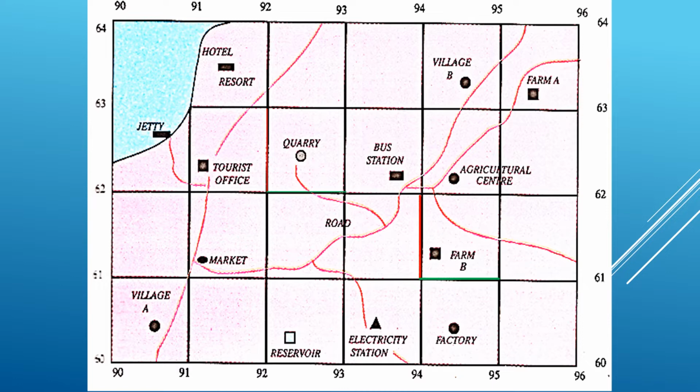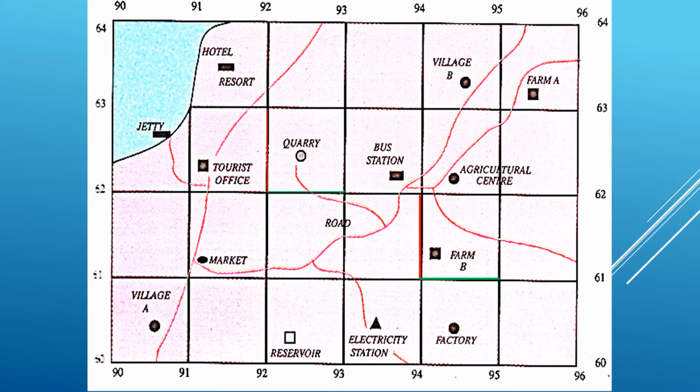So therefore, class, our four-figure grid reference for Farm B is 9461. In the same way, village B is located east of easting 94 and north of northing 63. That means the four-figure grid reference for village B is 9463.